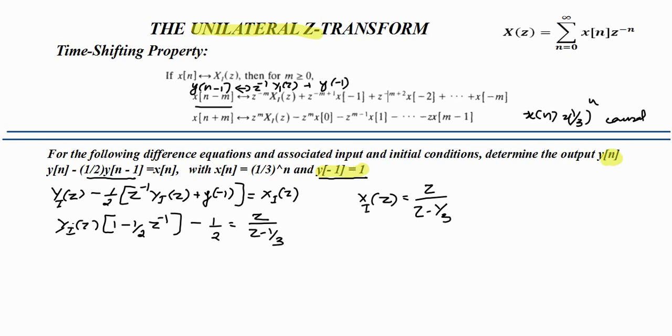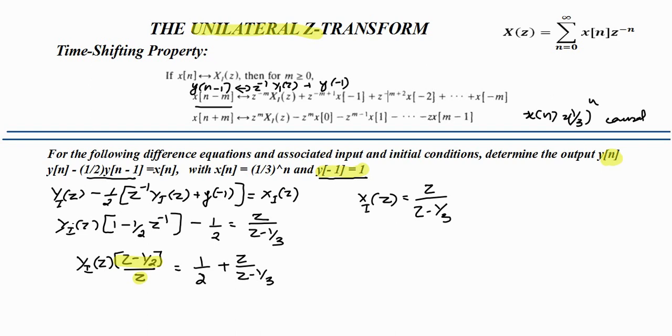Now I will rearrange this. The one sided z transform becomes z minus 1 by 2 by z as the numerator, and 1 by 2 is the other side, plus z by z minus 1 by 3. Now I can cross multiply this z and z minus 1 by 2.